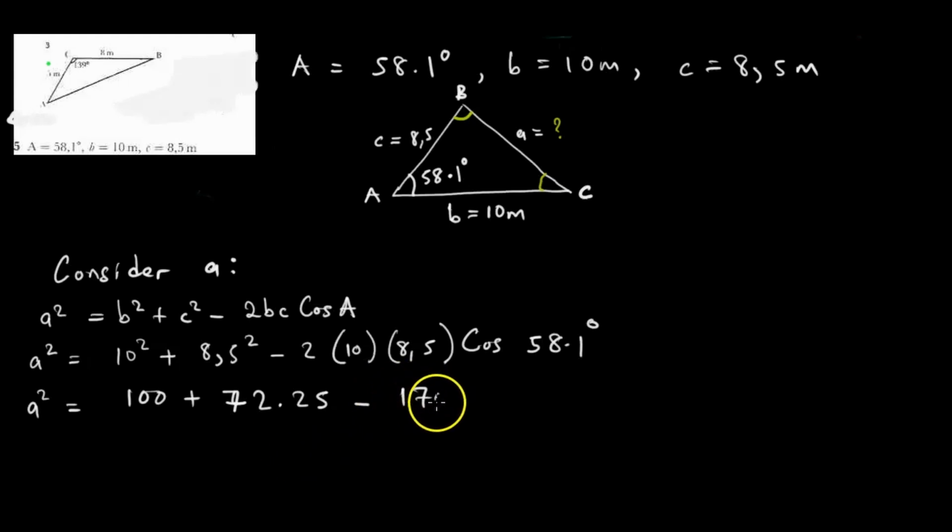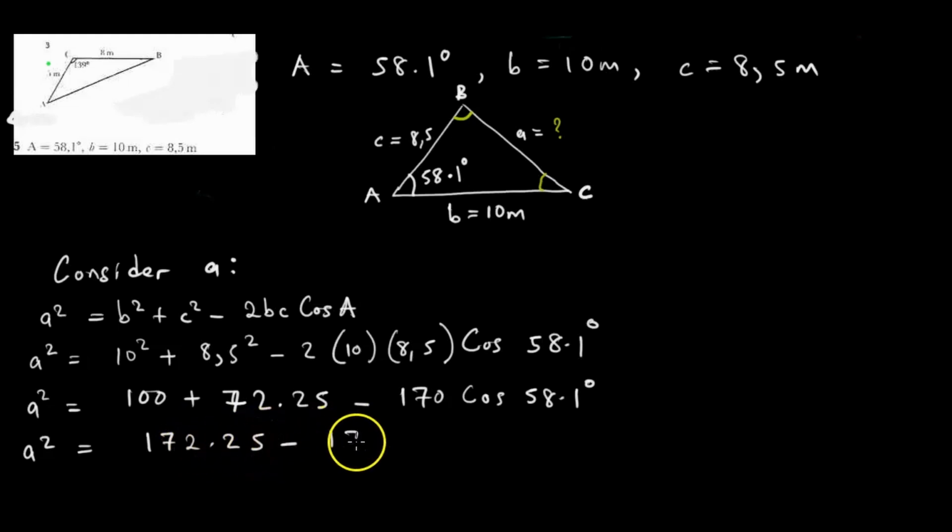So it's minus 170 cos of 58.1 degrees. So that a squared is equal to, if we add panapa, we get 172.25 subtract 170 cos 58.1, like that. Then we take the square root of both sides pano.